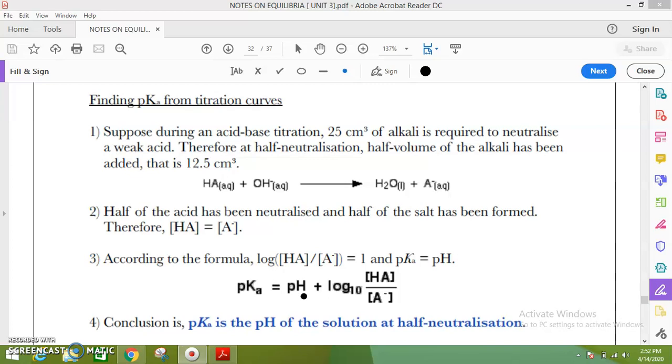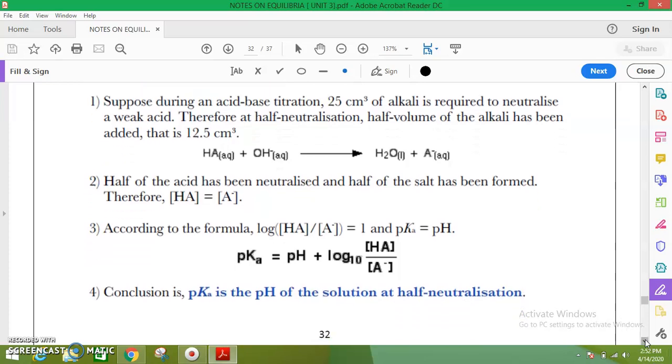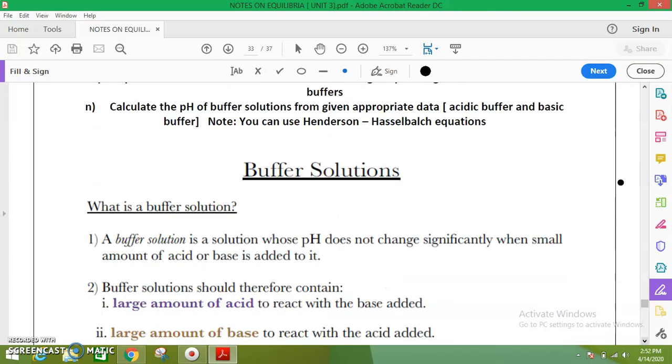If the concentration of acid is given to you and the concentration of salt is given to you, then substitute the concentration of acid here and the concentration of salt here; pH you can find from the titration curve, and you will get the value of pKa. Actually, pKa is the pH at half neutralization. This is from the previous lesson.